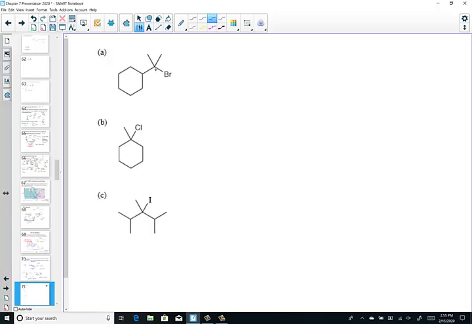Alrighty, so recognize where the alpha carbon is. The alpha carbon is the carbon that's attached to the leaving group. And when the leaving group leaves, it takes its electrons with it. And so the bromide forms, that's the anion, and a cation forms as well. The cation is where the electron deficient carbon is.